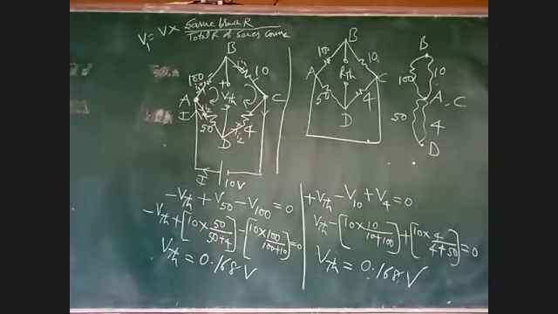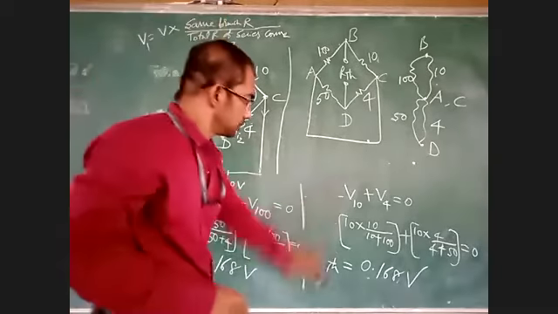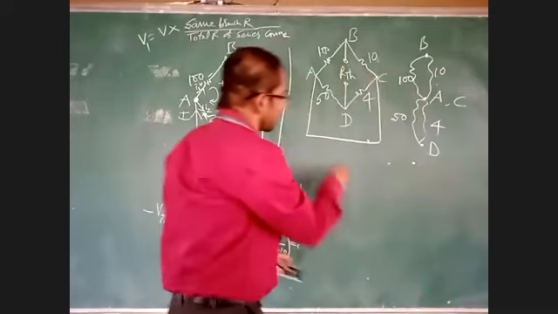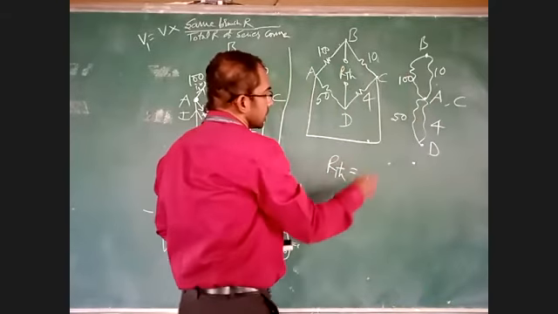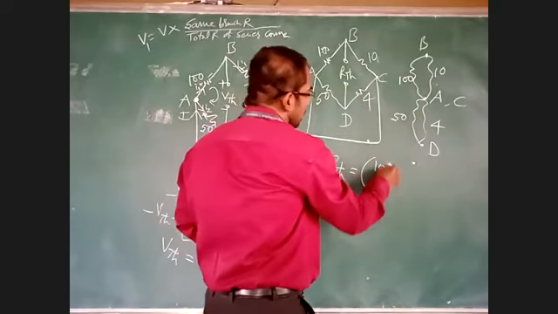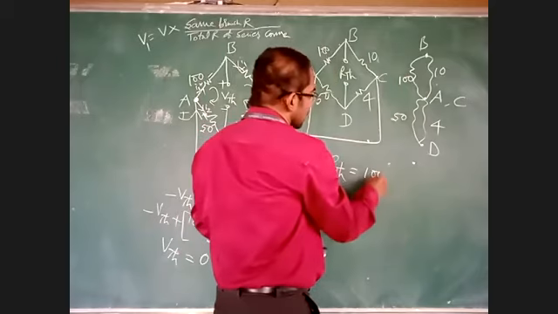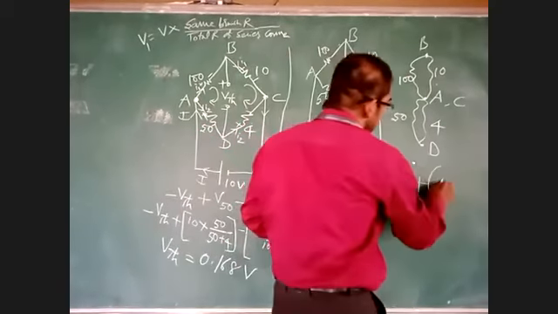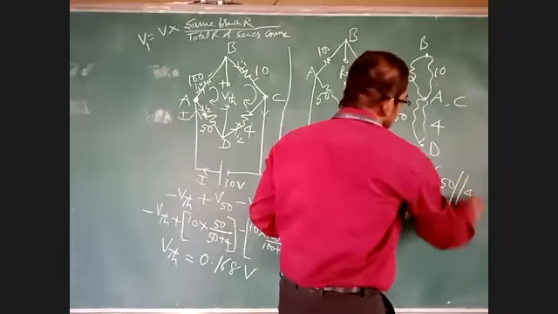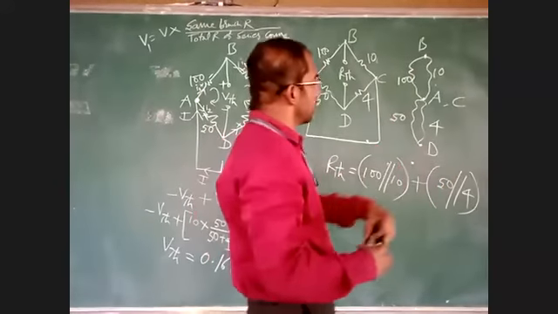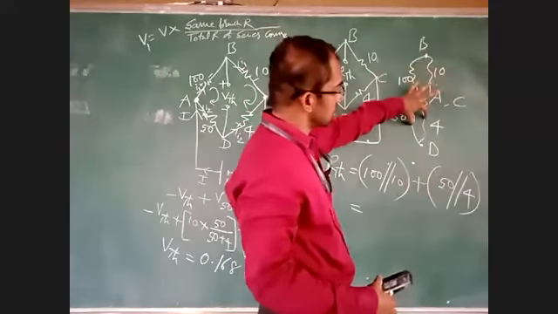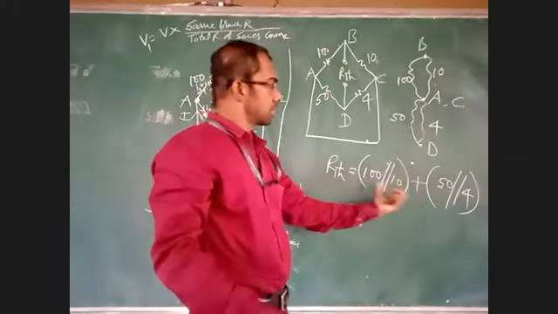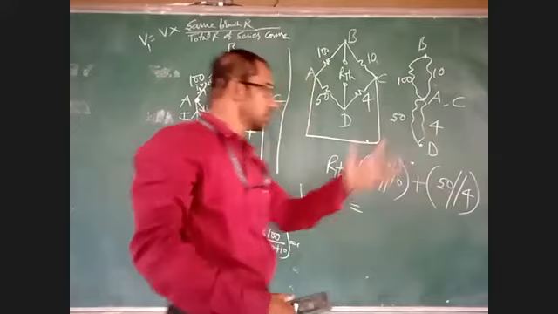Now I will determine RTH. See here. RTH is equal to 100 and 10 in parallel plus 50 and 4 in parallel. If you convert these two into a single resistance, these two will be in series. Series means plus. This parallel combination will come in series.